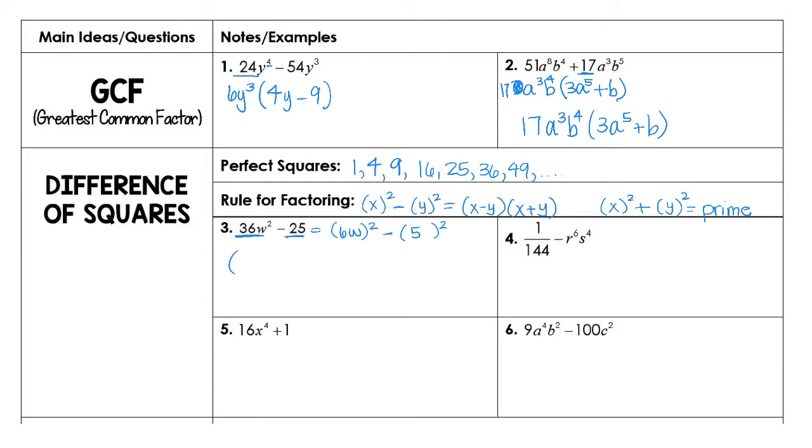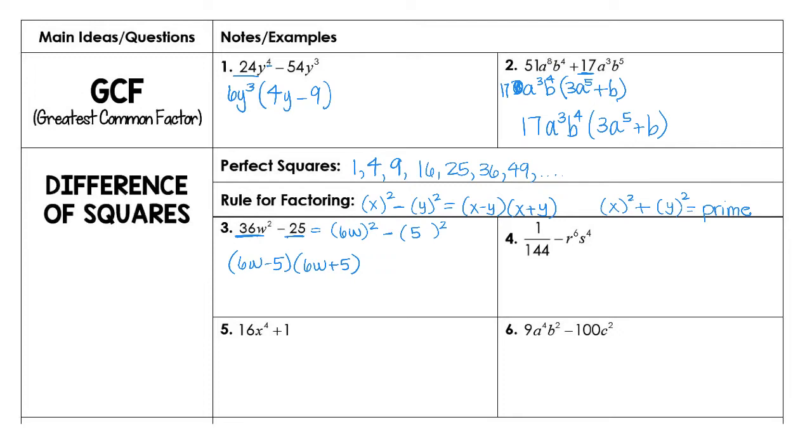So our factored form would be 6w minus 5 times 6w plus 5. So it is useful to try to figure out what's being squared first before you start the factoring. However, if you're good with factoring and you can do that in your head, there's nothing wrong with being smart. By all means, continue to do so.